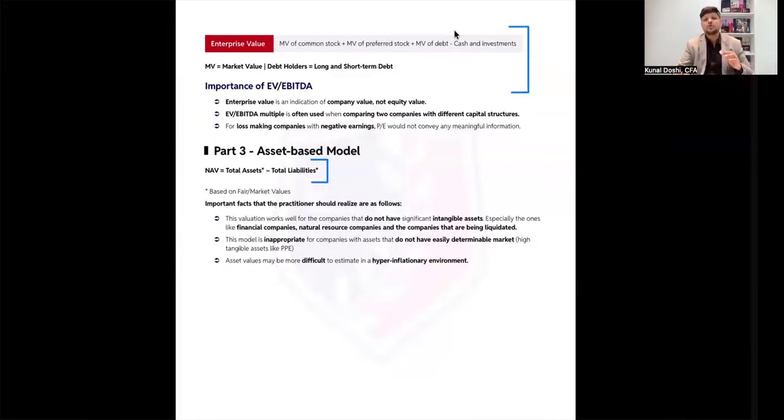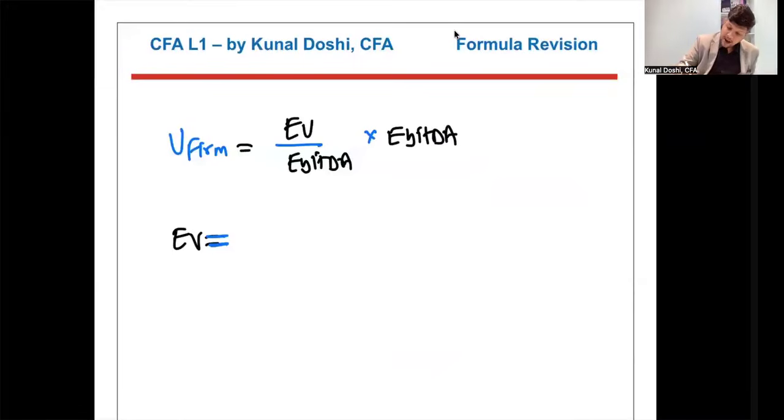Enterprise value is the value of the entire company. The entire company is provided capital by debt, preferred, and common equity. So what we do is we take all the debt, at market value, not the book value. Market value of debt.